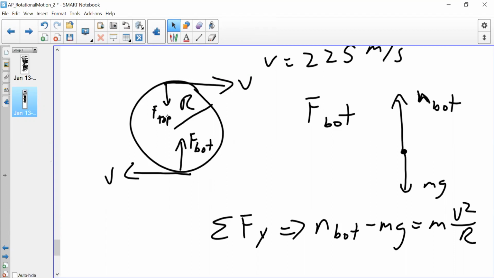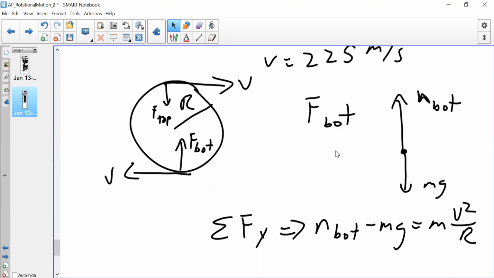This is a nice example of seeing that it's not the same, and we'll prove it. You feel heavier at the bottom of loops like this and lighter at the top, almost weightless, depending on how far away you are from the source of gravity, as in real weightless type problems.